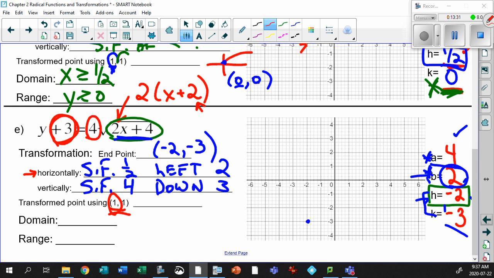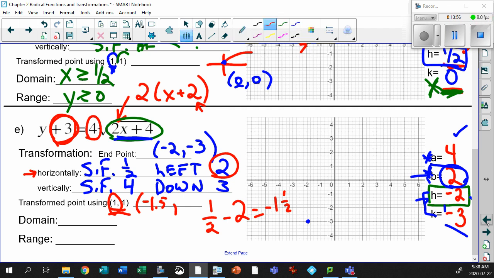So 1 times a half is a half, and we're going left 2, which means subtract 2. So I'm at a half, subtract 2. Well, think about that. Isn't that just a -1.5, right? So I'm at -1.5 for our first point.